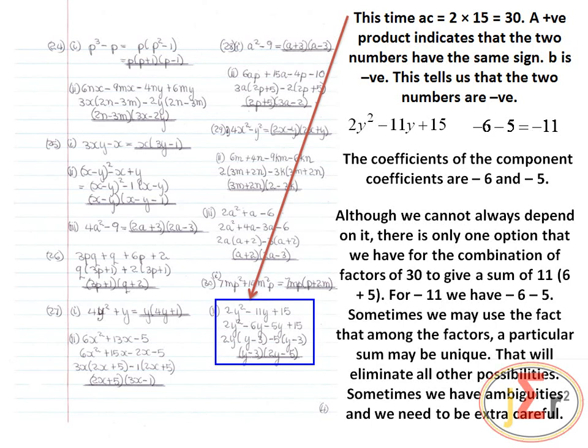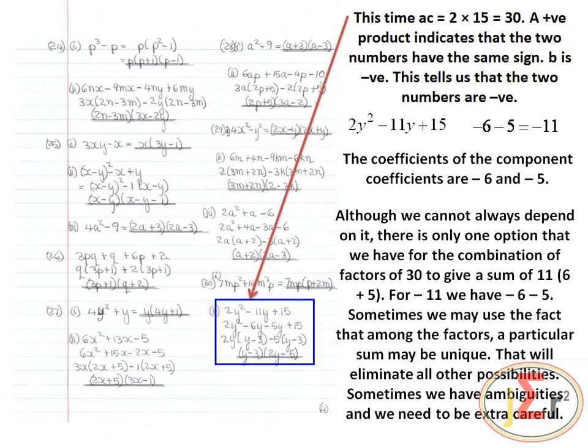I'm saying that we can make use of the fact that a particular sum is unique. I'm also saying that we have to be careful in the event that we have ambiguities.